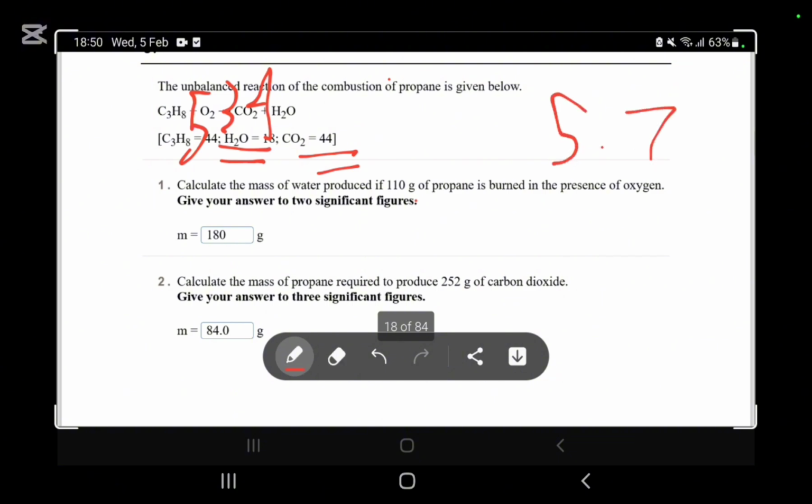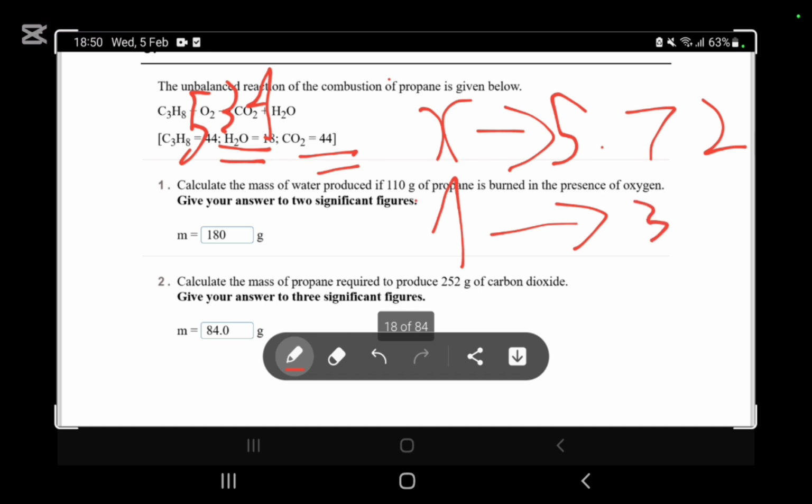Okay, so how do we go from, no, since here they said, after balancing, the coefficient of carbon dioxide is 3, and the moles of propane is x, so x to 5.72 is equal to 1 to 3, and then we cross multiply.